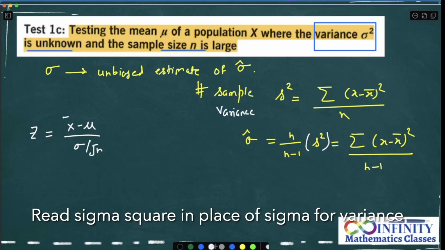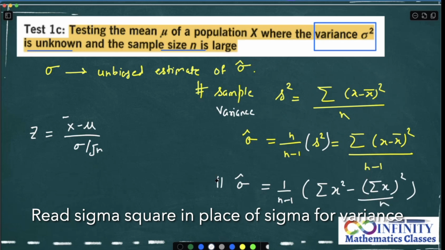No doubt, sir. Now the problem is we may not have a situation where we can find x minus x bar. We need a better formula. You need to learn this formula for sigma hat. The formula is: summation x square minus (summation x) whole square divided by n.